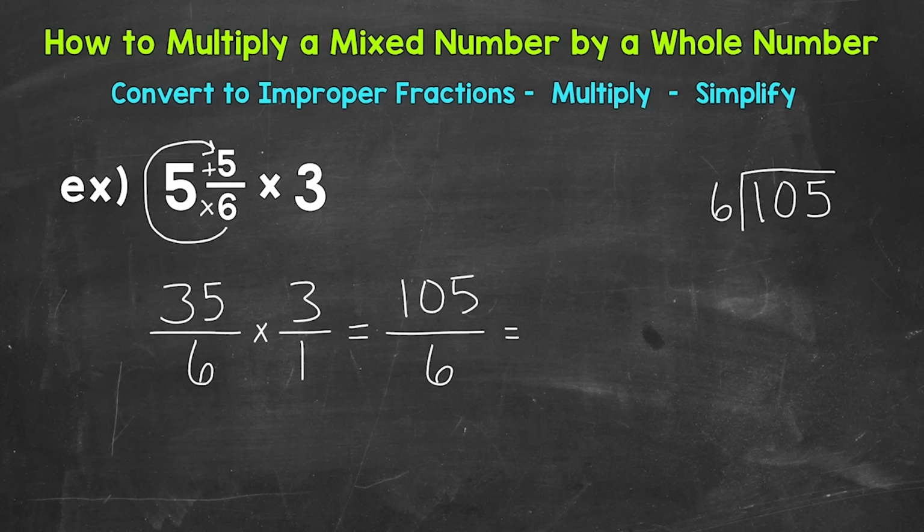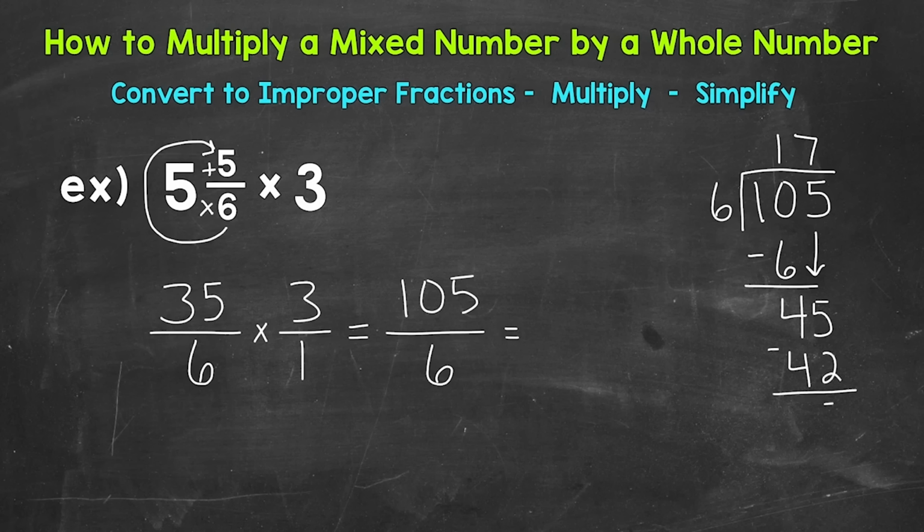How many whole groups of 6 out of 10? Well, 1. 1 times 6 is 6. Subtract. 10 minus 6 is 4. Bring down our 5. So we have 45 divided by 6 now. How many whole groups of 6 out of 45? Well, that's going to be 7. That gets us to 42. So 7 times 6 is 42.